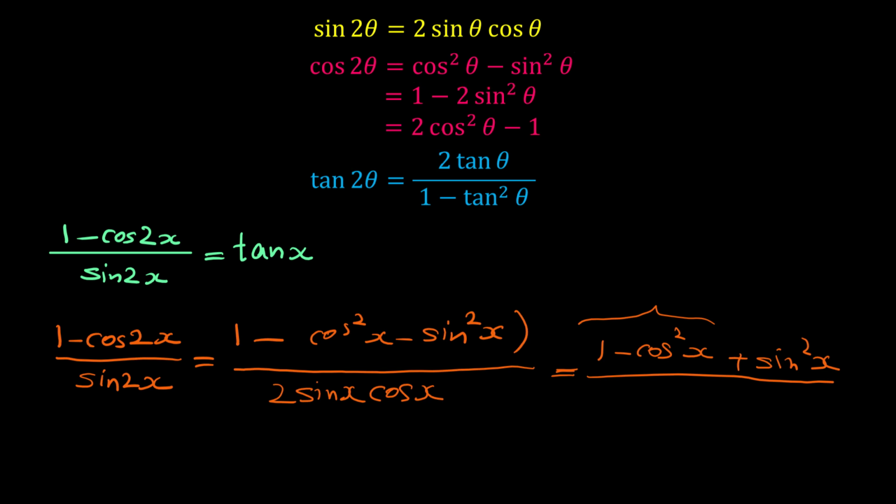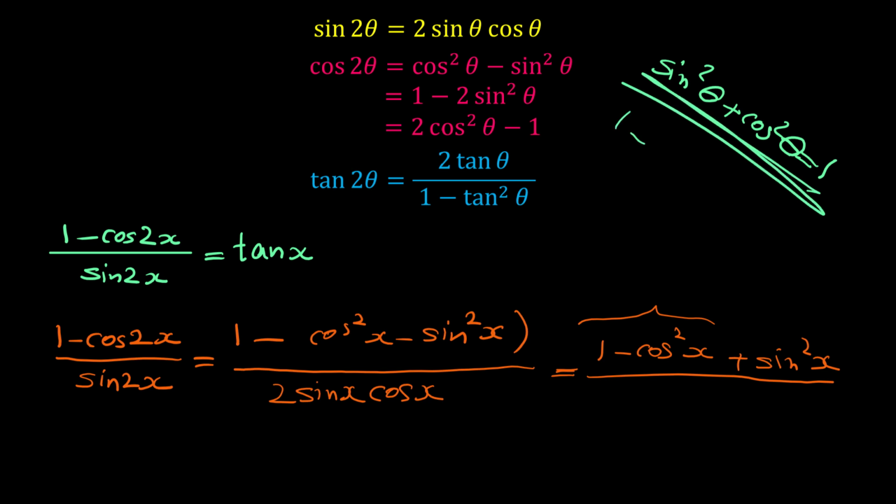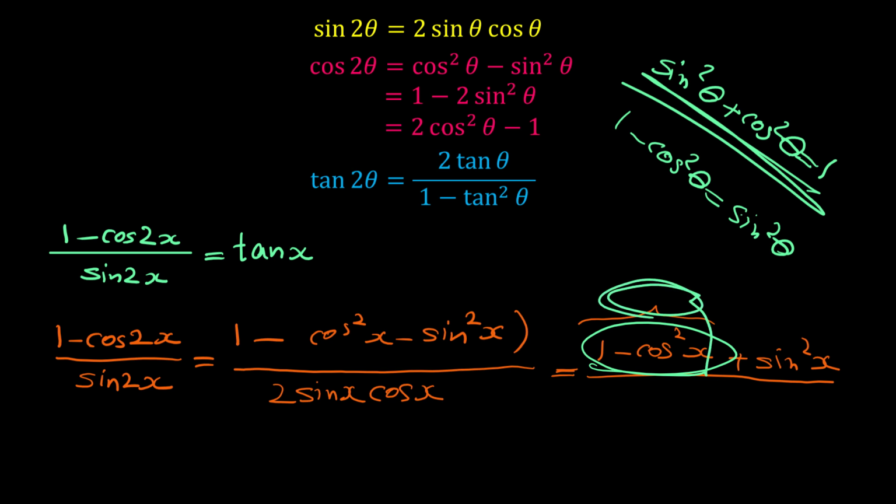If you remember, we always have this important rule: sine to the 2 plus cosine to the 2 is always 1. So based on this identity, 1 minus cosine to the 2x is sine to the 2x.